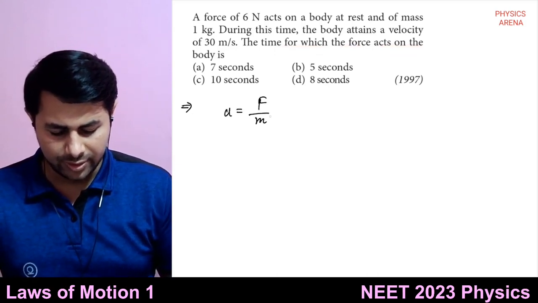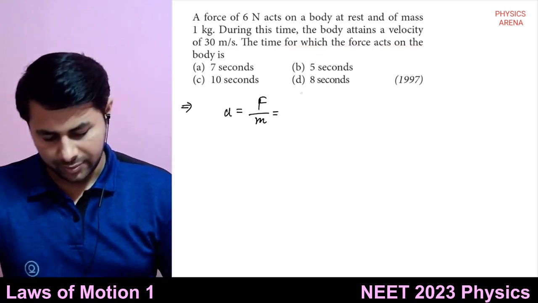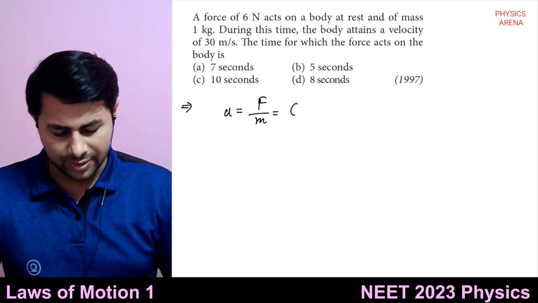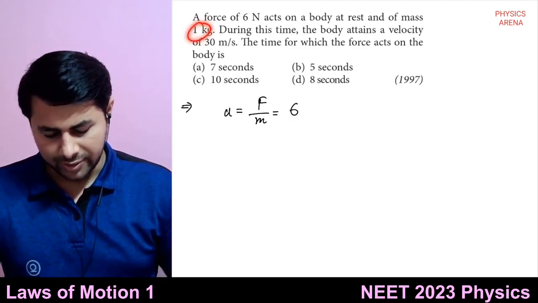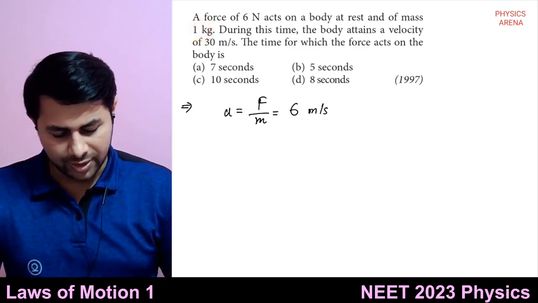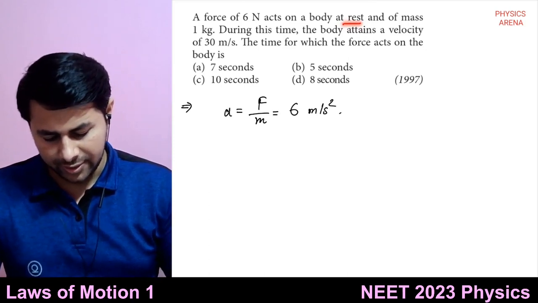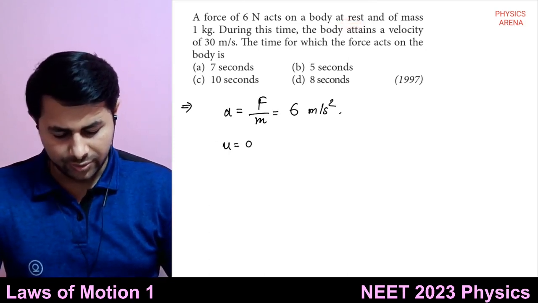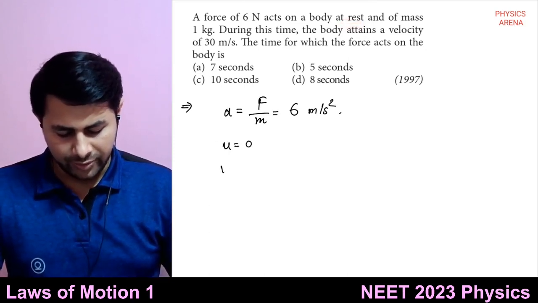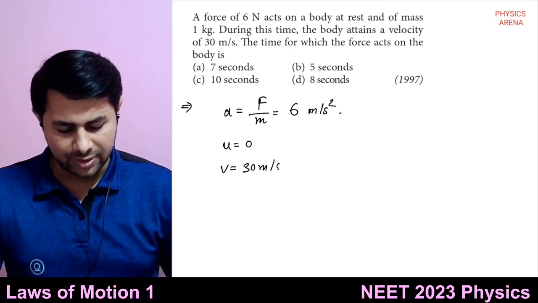It's force upon mass, 6 divided by mass is 1. So 6 meters per second squared is the acceleration. The body is initially at rest, so u is equal to 0, and v is equal to 30 meters per second.